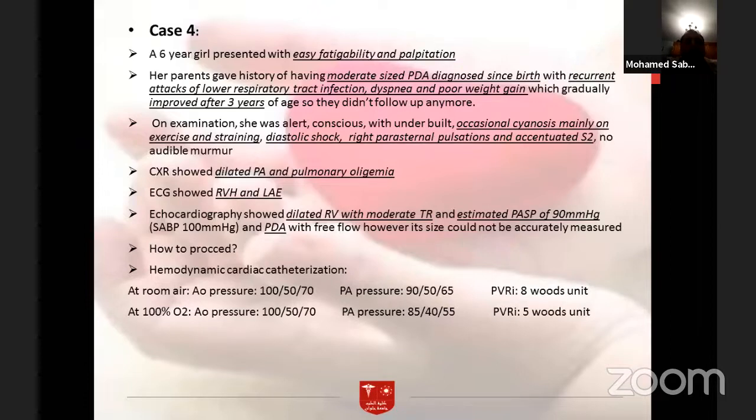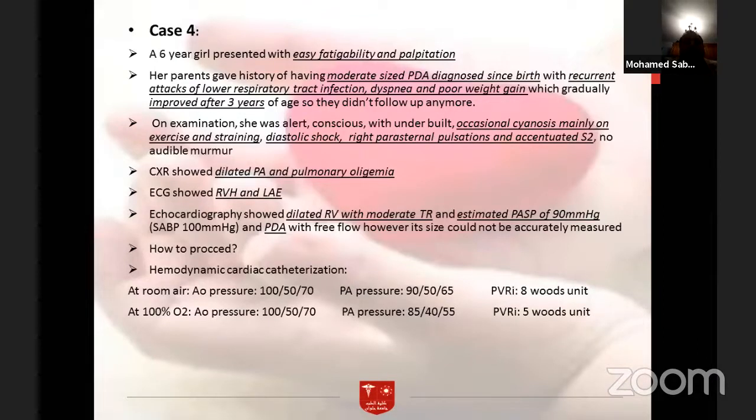As Dr. Khalid showed us, when we did hemodynamic cardiac catheterization at room air, we had an aortic pressure of systolic 100, diastolic 50, and mean 70, with an almost equal mean pulmonary artery pressure of 65 and a very high pulmonary vascular resistance, 8 Wood units, which is considered a high one.